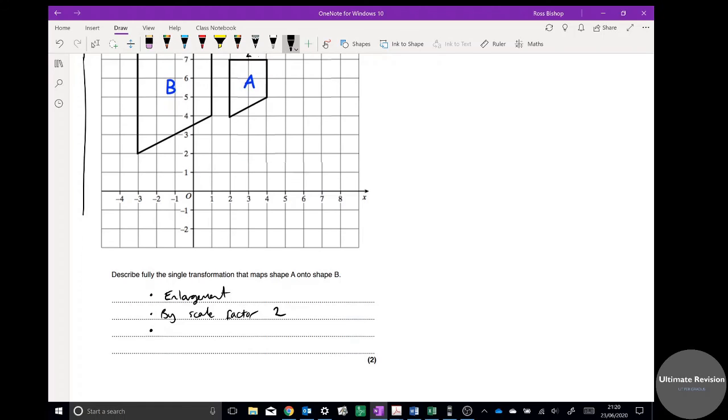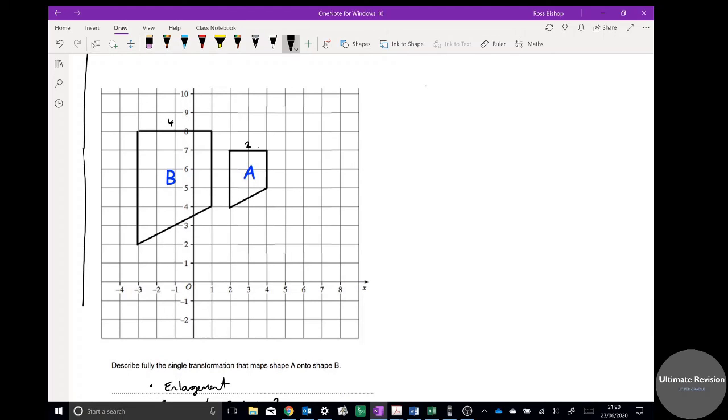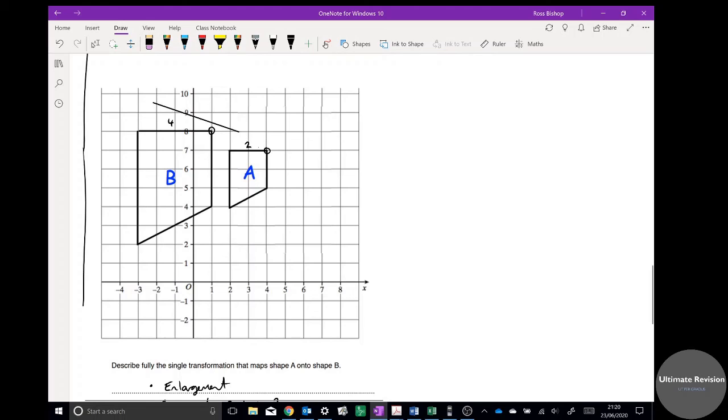And then I need to find the centre of enlargement. Now to do this, I use what I call ray lines, which is really cool, but it means I find the corresponding points, so these two, and I draw a nice line between them. It's a bit easier with a ruler. Okay, so that's 1.